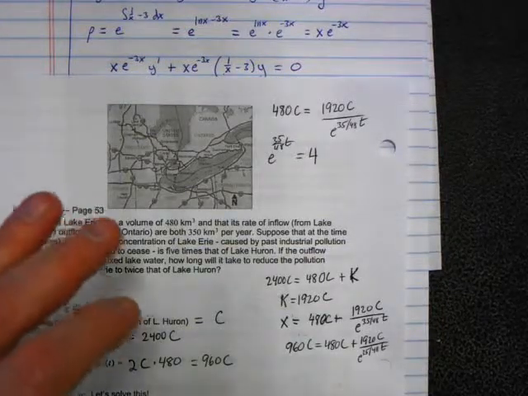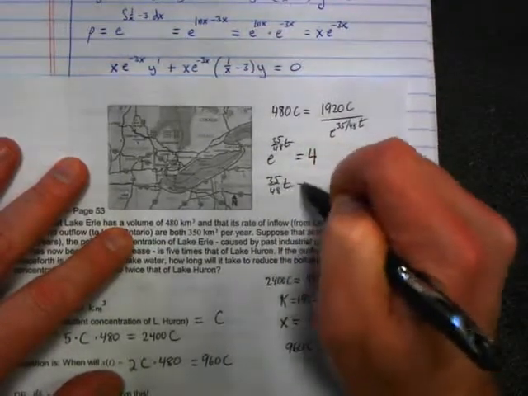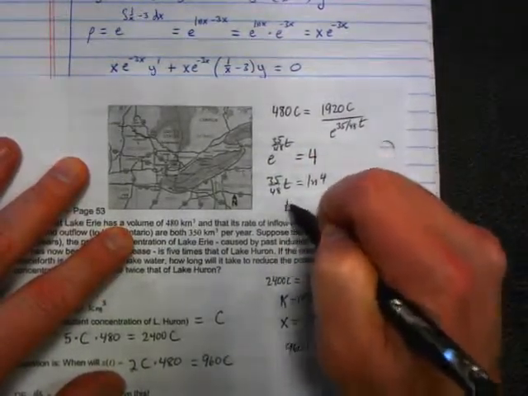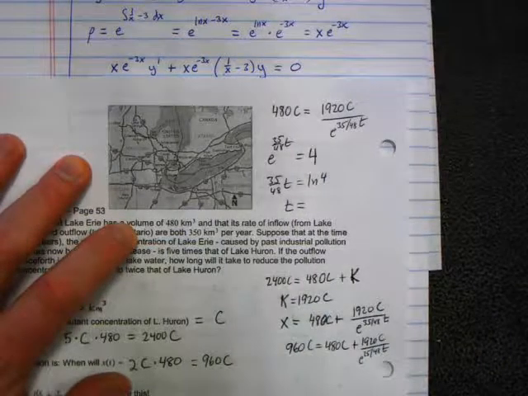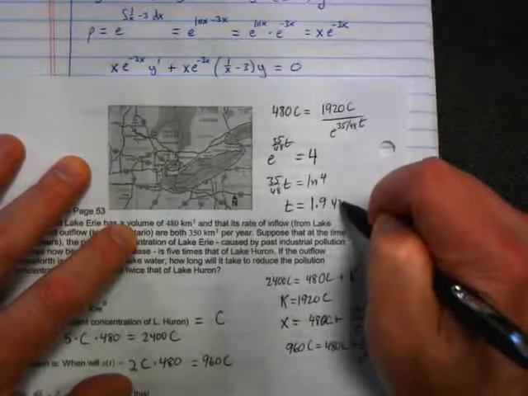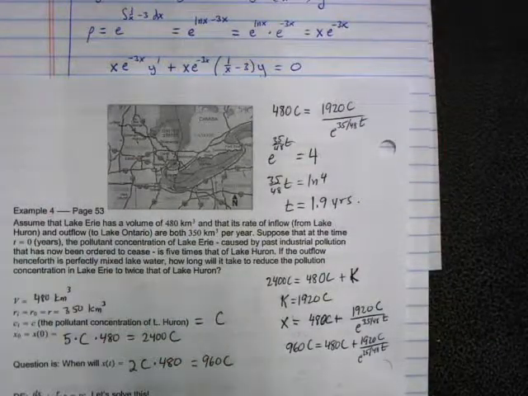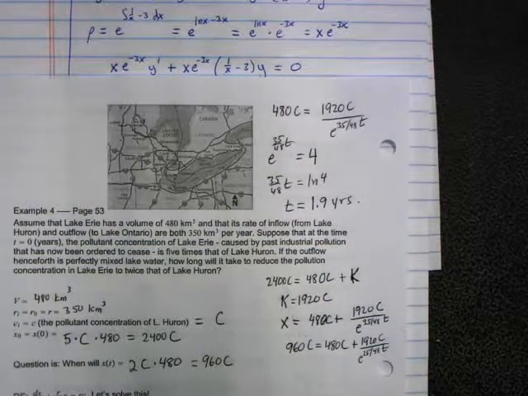Well, logarithm, right? Not exponential. 35 over 48 t equals ln of 4. So t is the ln of 4, I multiply by 48, I divide by 35. It's going to take approximately 1.9 years for the concentration level to drop from 5 times that of Lake Huron down to 2 times that of Lake Huron.